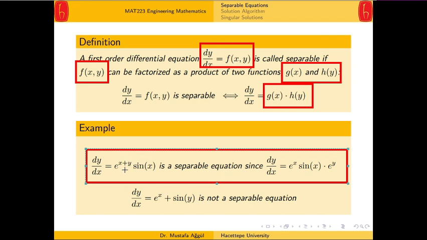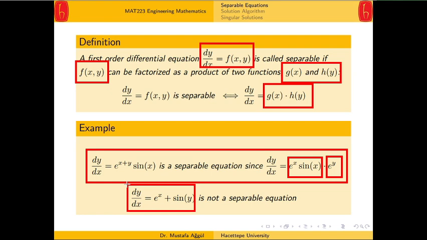It means we can separate y terms from the x terms by writing e^x times sin x times e^y. So this is our g function and this is our h function. So we can separate this equation and we say this is a separable equation.